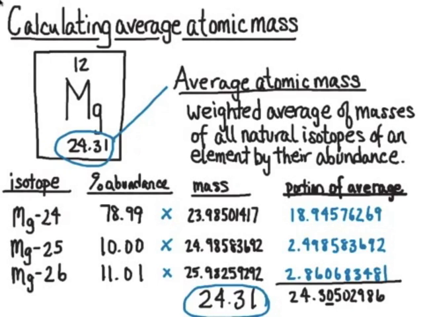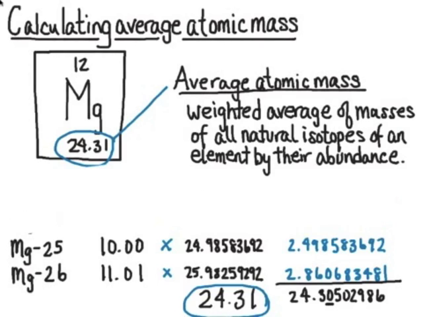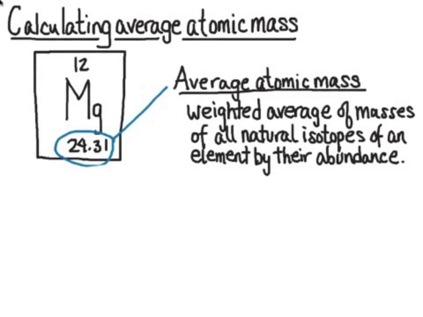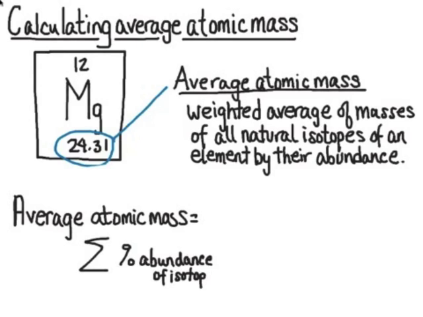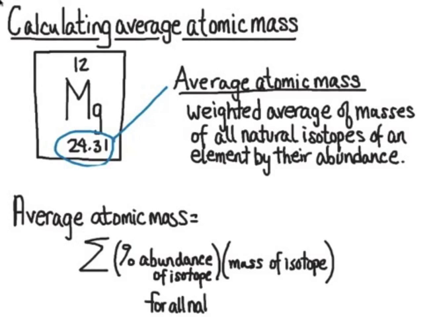So in general, calculation of the average atomic mass occurs when you take the sum of the percent abundance of each isotope times the mass of the isotope for all natural isotopes of an element.